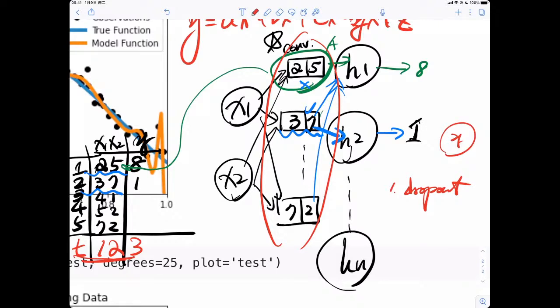And then next one, you should not use that many layers and neurons, which means every time you create your neural network, don't make it too complex.